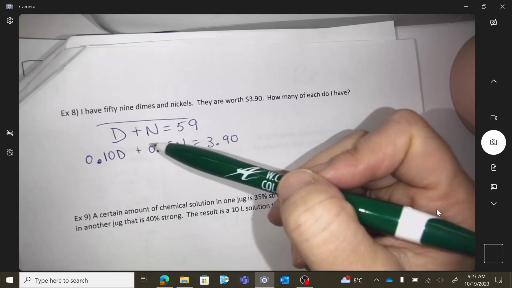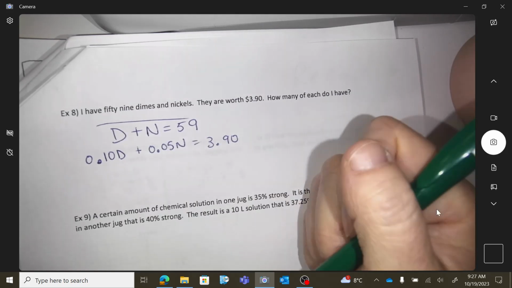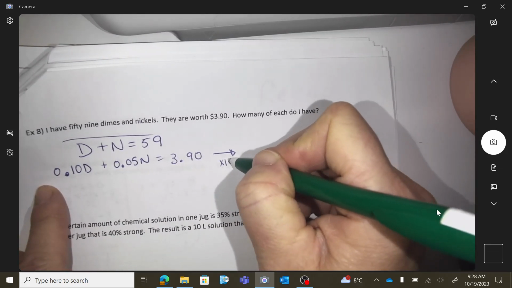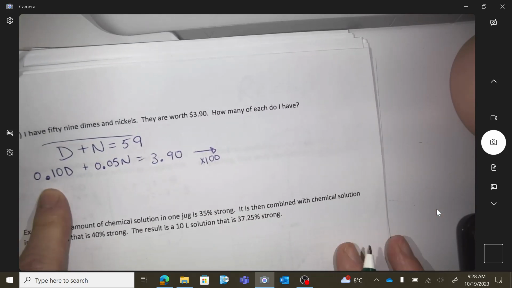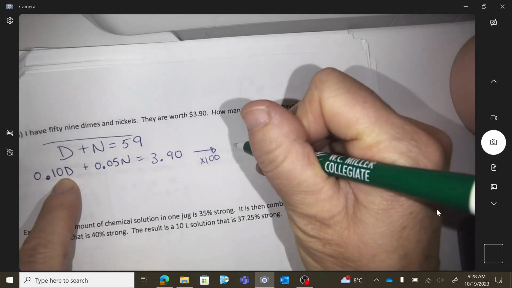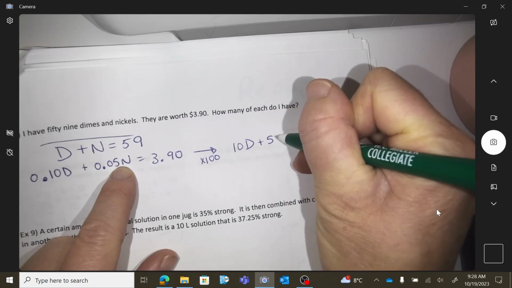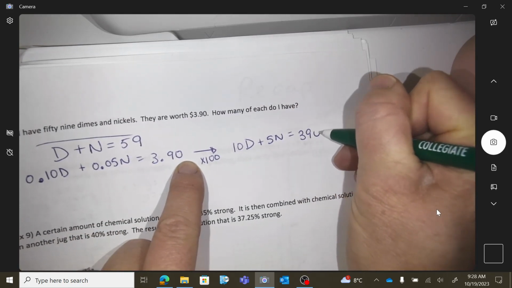You could times this by 0.10 and they all would match or whatever. I'm going to times this line by 100, aka moving the decimal 2 places. So move makes 10. Move makes 5. If I move, this is 390.